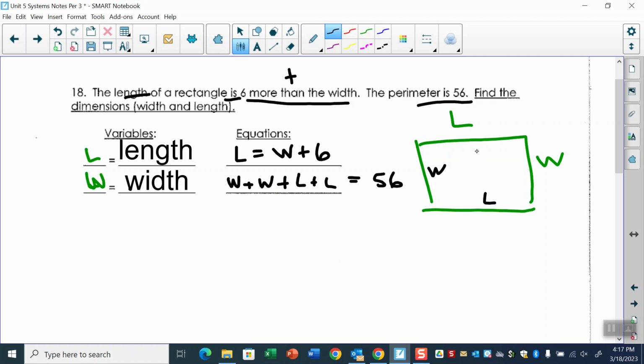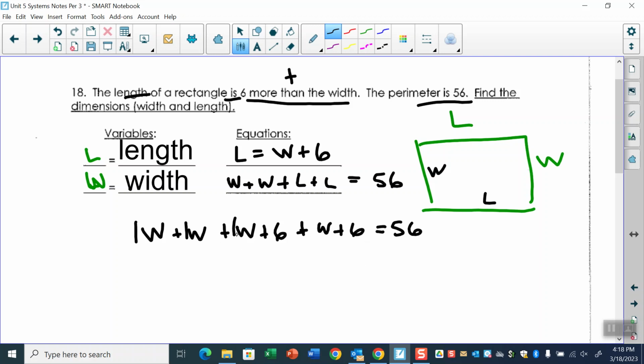Width plus width, that's going to be the distance around. So I can substitute in here, right? I know I've got width plus width, and then instead of L, I can put W plus 6 plus W plus 6, right? Equals 56.